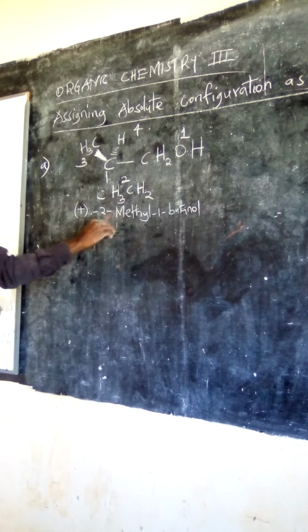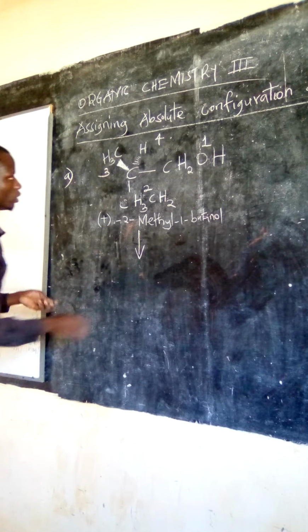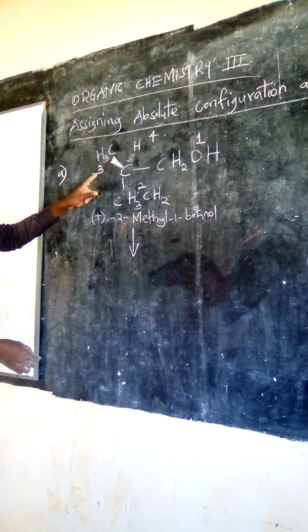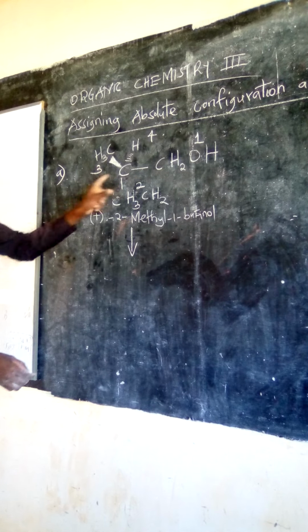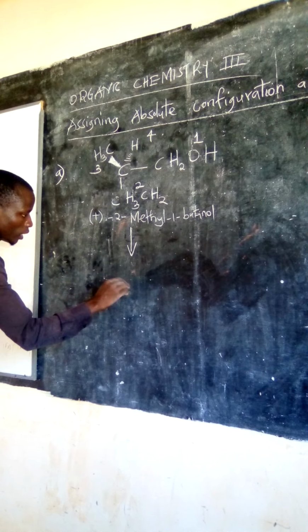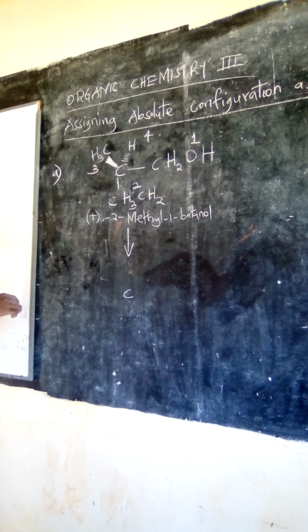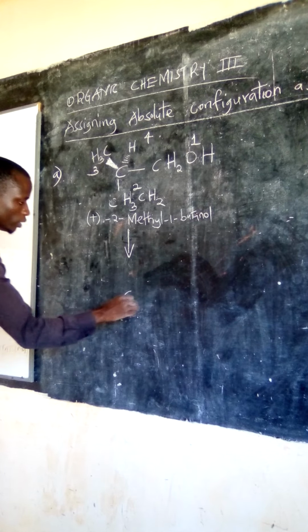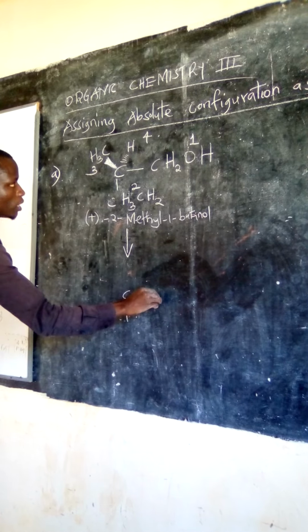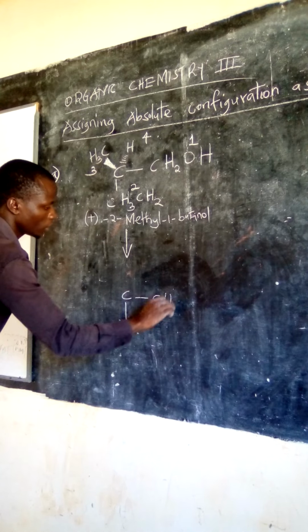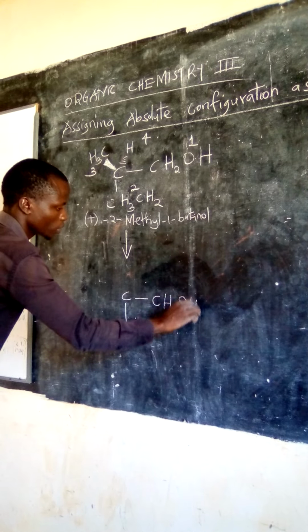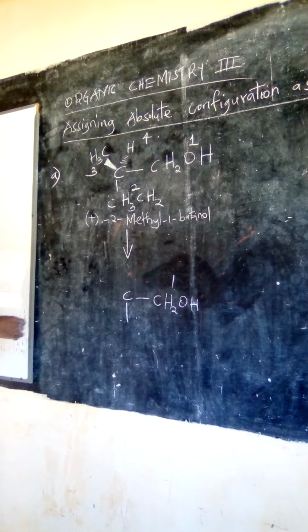So let us see how it will be when I draw this. When I draw 1, 2, 3, the chiral carbon atom is at the center. Then I'm having priority number 1 as CH2OH, remember I assigned it as priority number 1.